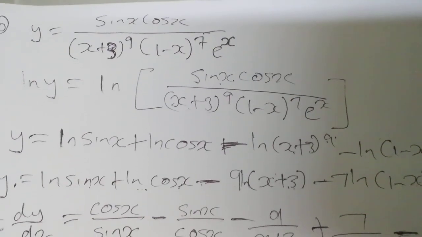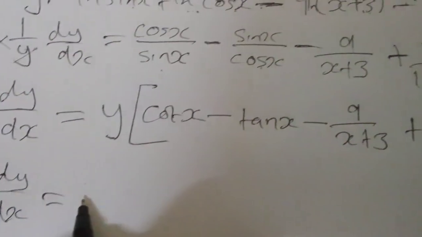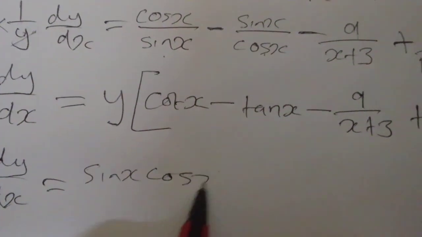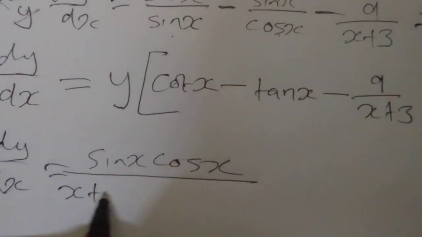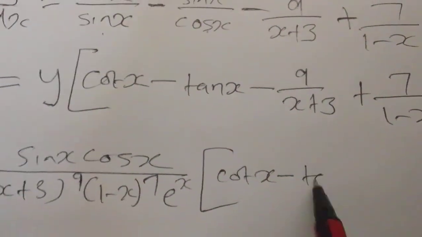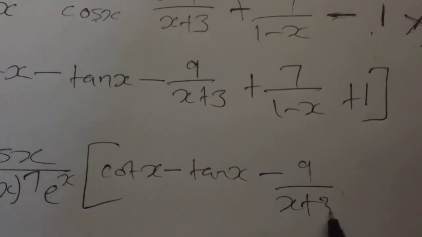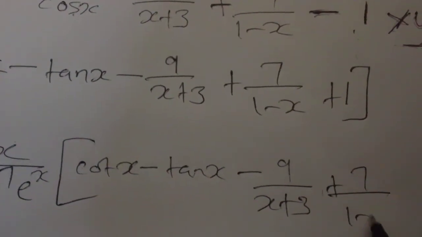So dy/dx is equal to sin x cos x over (x + 3)^9 (1 − x)^7 e^x, times the bracket: cot x minus tan x minus 9 over x + 3 plus 7 over 1 − x, and then this is minus 1, not plus 1. Even then, it means you are done.